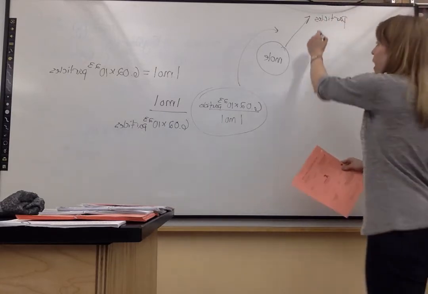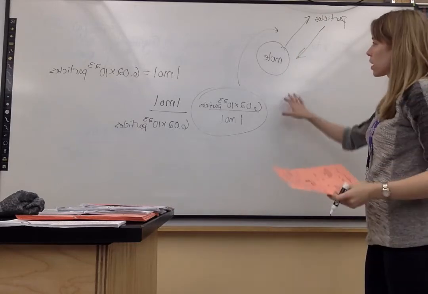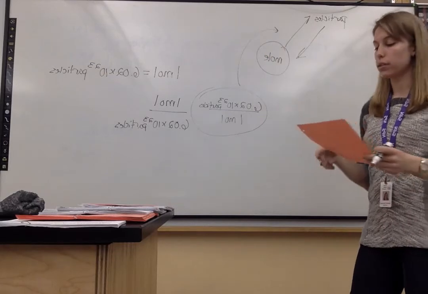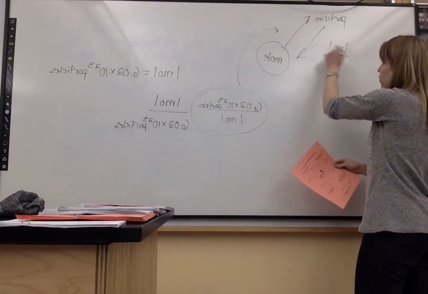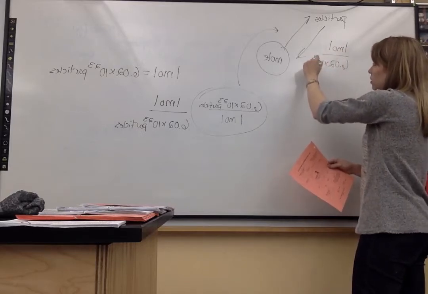Oh, I'm sorry, this one is going to help you go from moles to particles. And if you want to go back from particles to moles, you want to use the one that has 1 mole for every 6.02 times 10 to the 23rd particles.